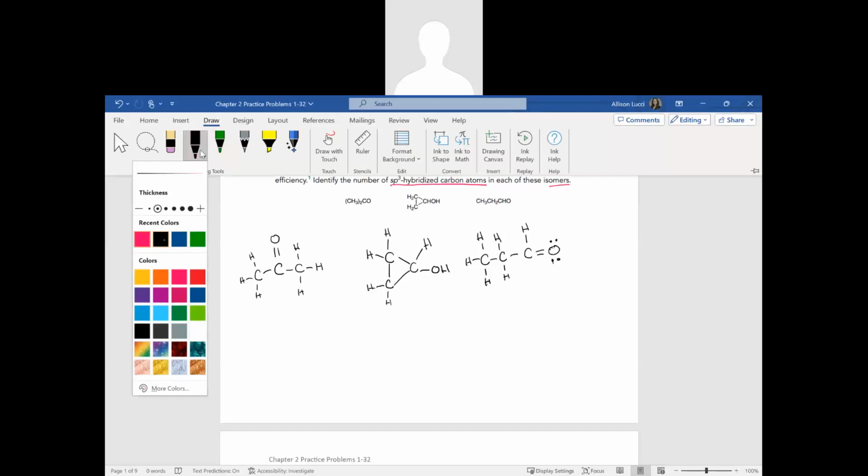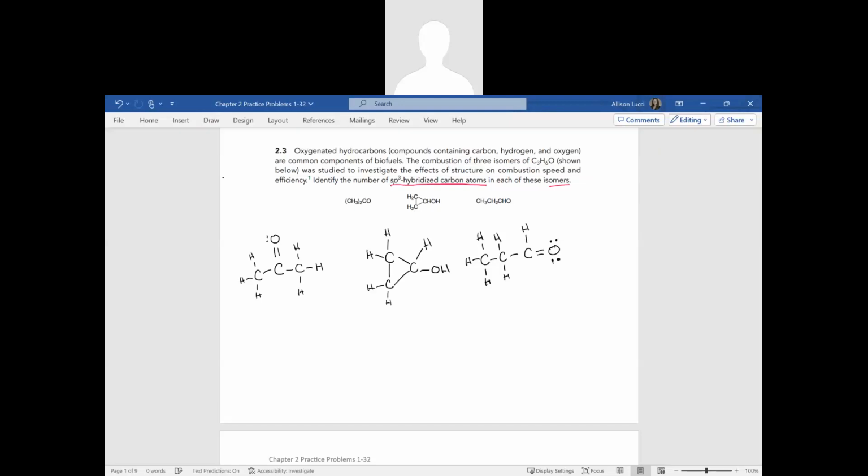So what I've done down here is I've drawn our Lewis dot structures for each of these condensed structures. So this one here is given by this Lewis structure here. And this will help us to determine whether or not a carbon atom is sp3 or sp2, etc., hybridized.